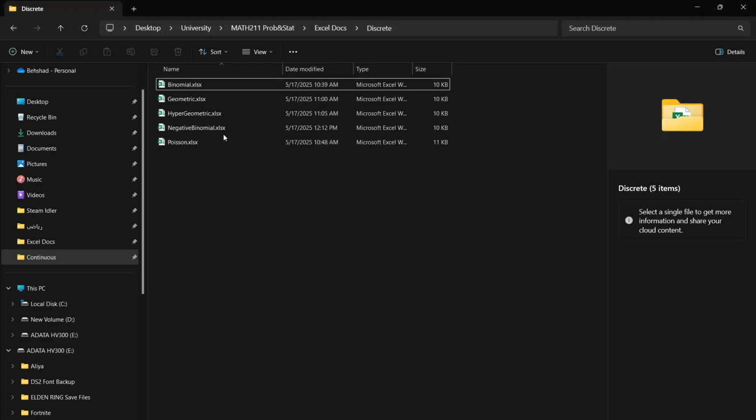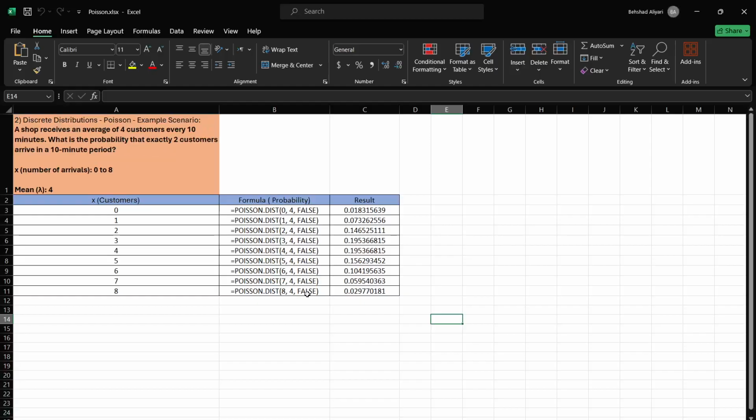Another example we could use is for Poisson. The question asks, a shop receives an average of 4 customers every 10 minutes. What is the probability that exactly 2 customers arrive in a 10-minute period? So we can extract that x equals 0 to 8, which are our number of arrivals, and our mean, also known as lambda, is 4.